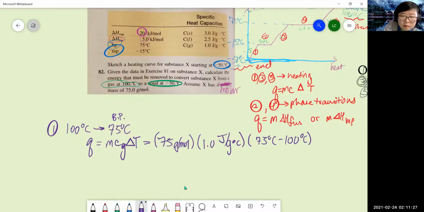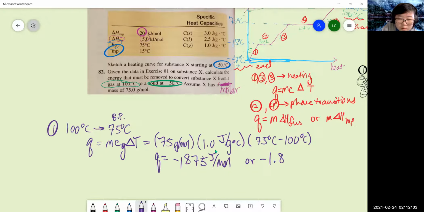The Q is going to be negative because it's exothermic. Unit analysis. C's cancel. G cancels with this. So this becomes joules per mole. So you just need to check the units, and then it's like 75 times 1 times negative 25 is negative 1875 joules per mole, or negative 1.8.